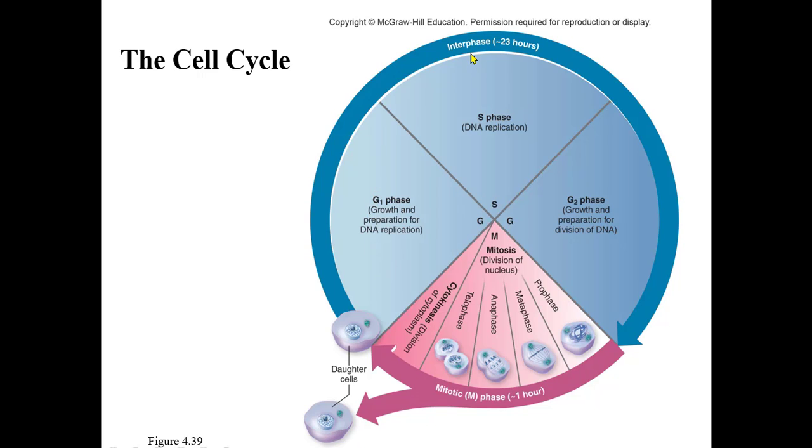So during interphase, the genetic material will be called chromatin. Only during this stage in pink down here will chromatin turn into chromosome. And when we're done with mitosis, it will go back to being chromatin again. Okay, that's important.